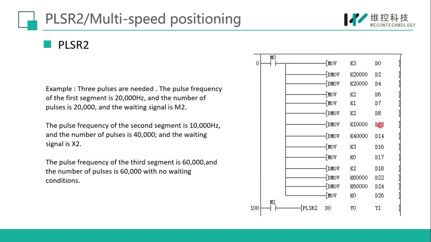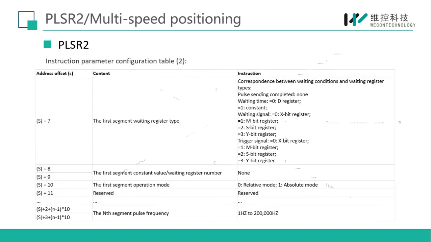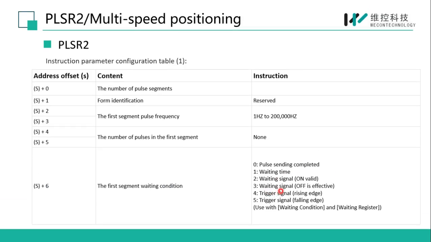And D12 to D18 is for the second segment. The frequency is 10,000 Hz and the number of pulses is 40,000. And the waiting signal type, D16, is X, so we're waiting for a signal when it is off.